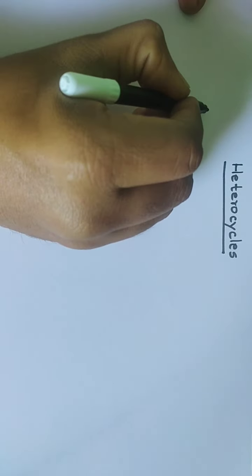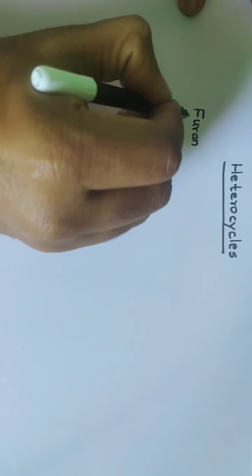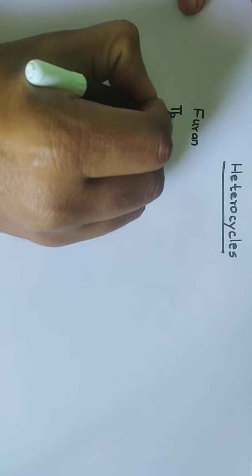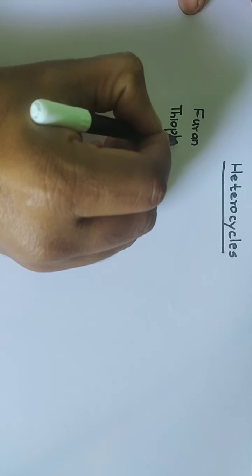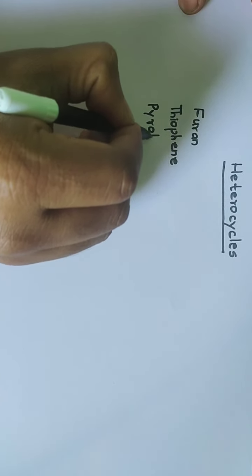Hello students, in this session we'll be discussing the preparation of some heterocycles. 5-membered as well as 6-membered heterocycles are what we'll be discussing. We'll be discussing the synthesis of furan, thiophene, and pyrrole.